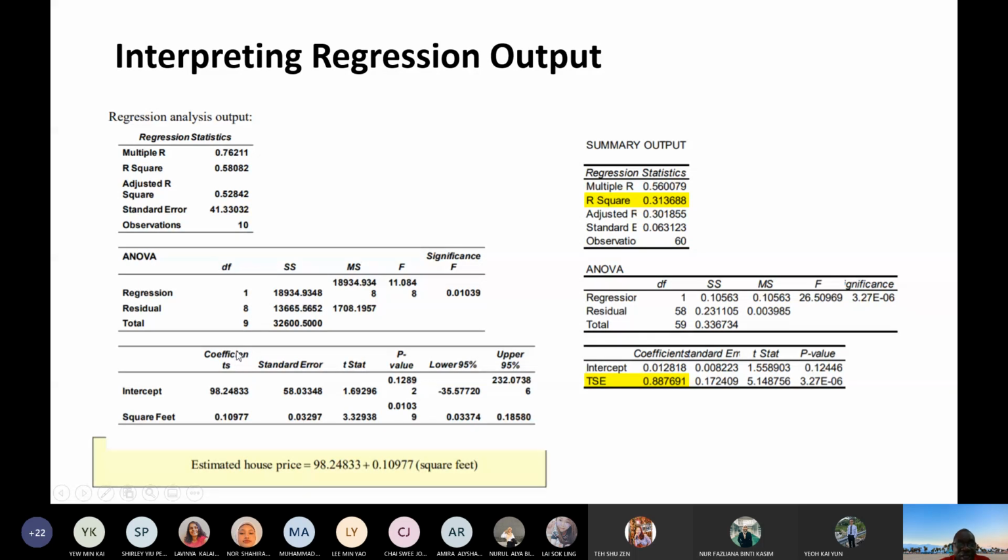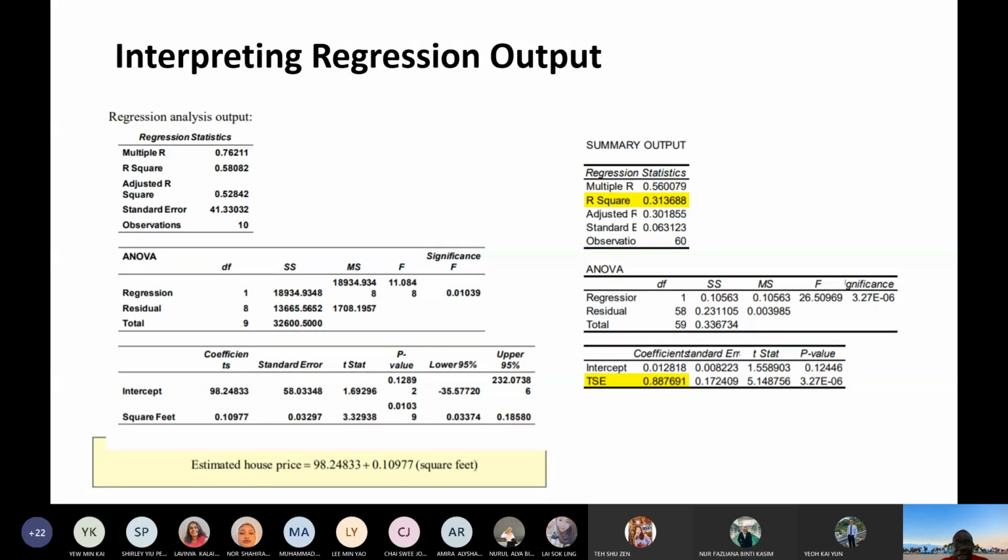Again, you look at the coefficient. When you look at the coefficient for the square feet, it is written here as 0.0109. What does this mean?